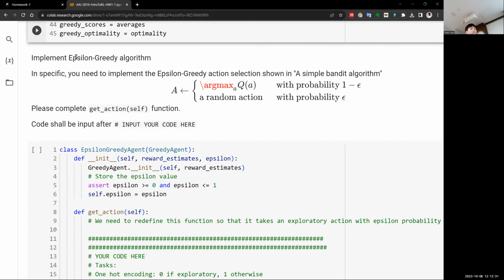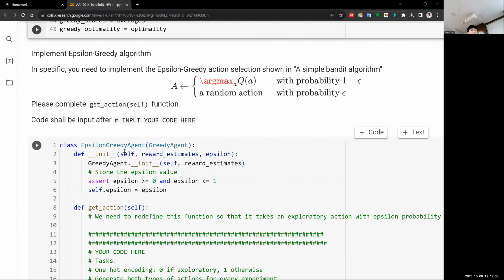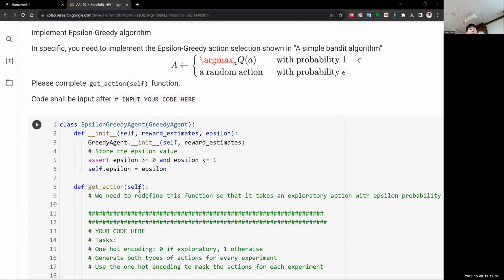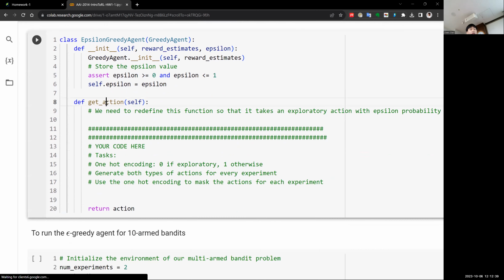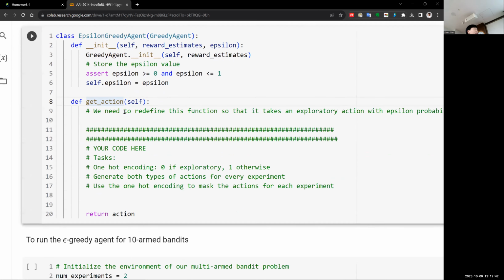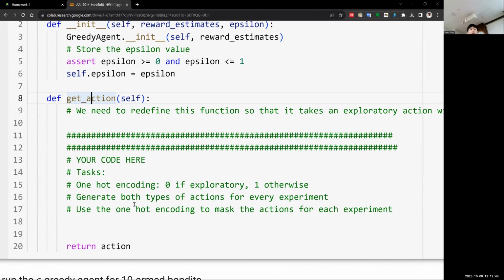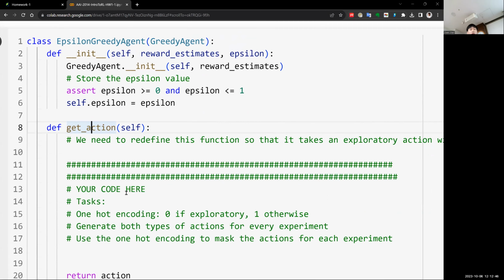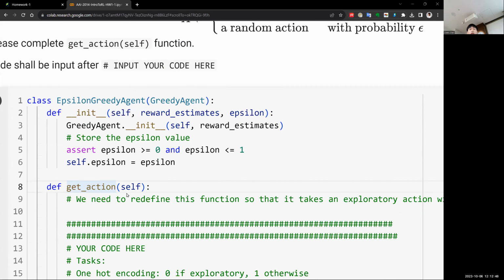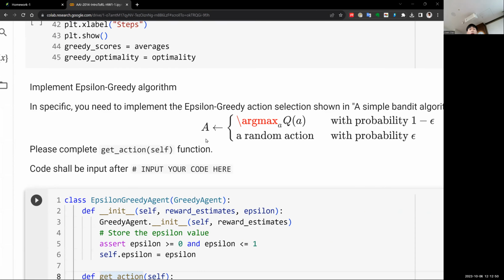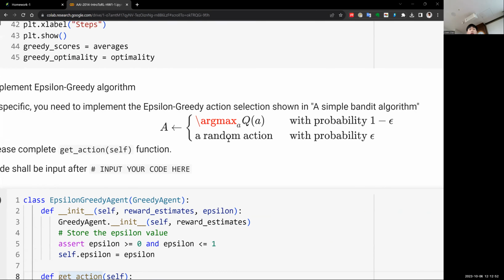After that, you need to implement this epsilon greedy algorithm inside of this epsilon greedy agent class. What you need to do is to implement this get action function. Your tasks are shown here. The major function you need to implement is based on this epsilon greedy action selection.